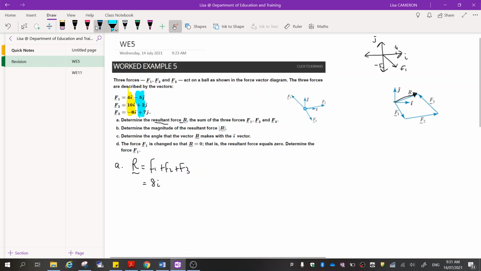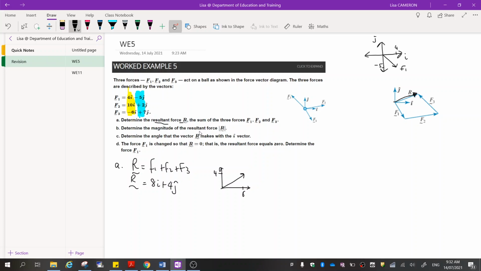So 9 minus 5 makes 4. So plus 4J. So this is the resultant vector. So it's going this way, 8, and then it's going up 4. So the resultant vector that's made looks like this. Okay, which is why over here you can see that resultant vector is travelling in that same direction.